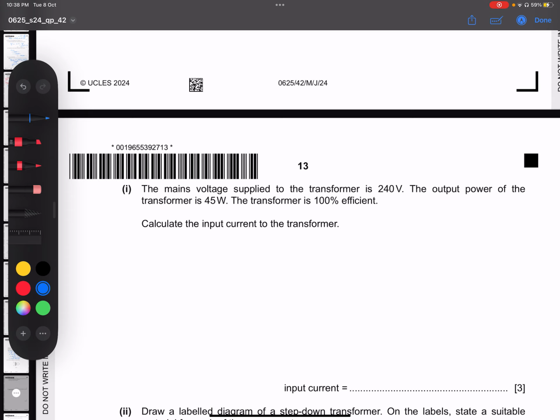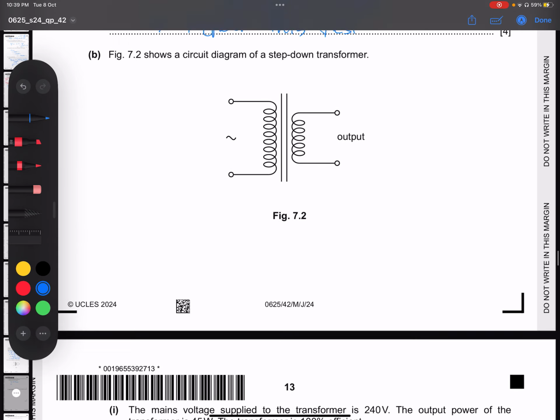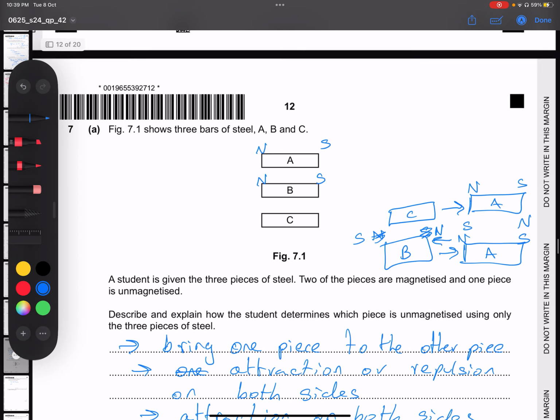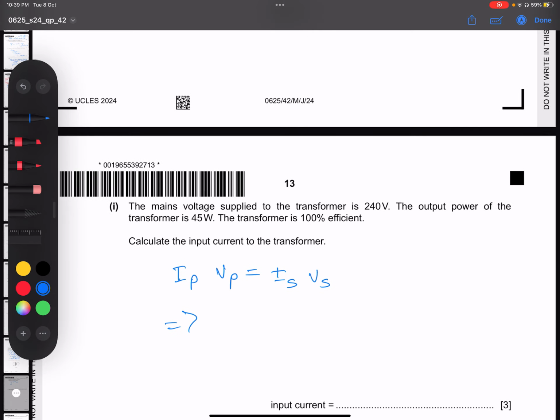Okay, we already know that IP VP is equal to IS VS, right? So when we substitute into this equation, we already know that the mains voltage supplied here is 240, and we know that the output power would just be 45.